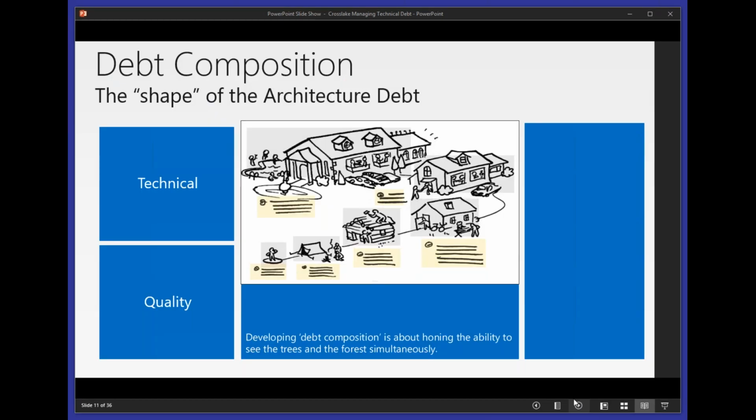Debt composition is made up of a number of things, and based on my experience and the organizations I've worked with, they don't tend to do this. What really happens today is we have this overarching umbrella term, technical debt, and like I mentioned previously, a good organization will at least capture technical debt.